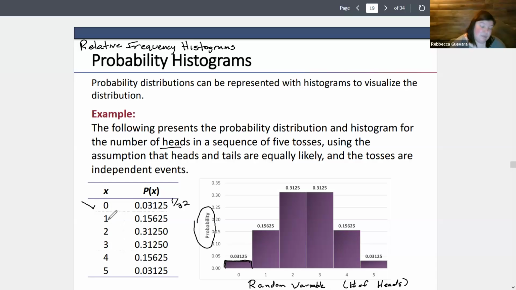Once again, for 1 head, there are 4 ways that will happen out of 36. Or 32, I'm sorry, not 36.